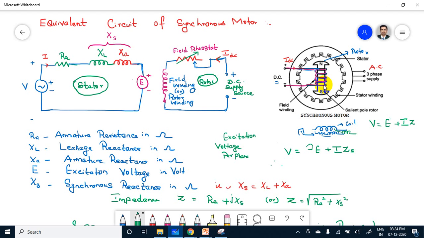In DC motors we get the equation V equal to E plus I Z, but in the synchronous motor we get a minus E term. Do you understand this difference? Do you understand or not? Yes, sir.